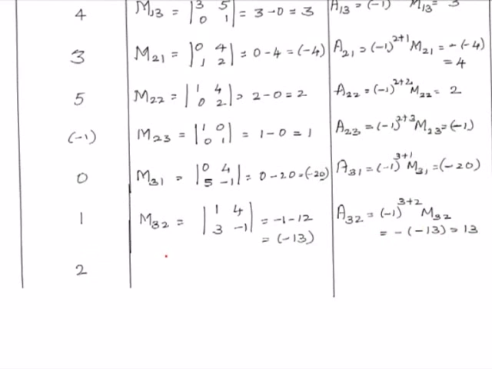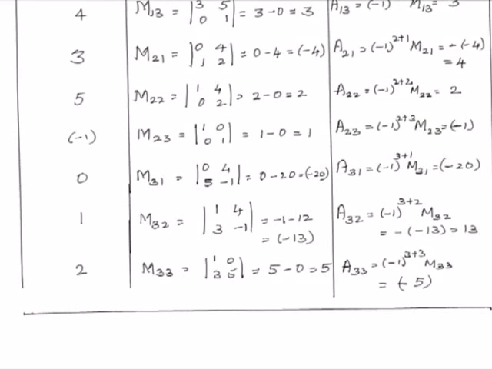The last element is 2. So I have M33, which is equal to 1, 0, 3, 5, I shall get. So it is 5 as the value. 3 plus 3 is 6, so you don't have to worry about it. So it is 5 itself.